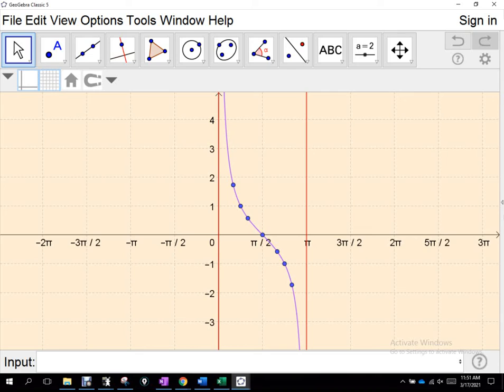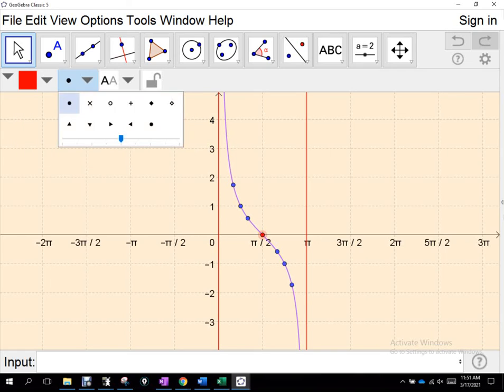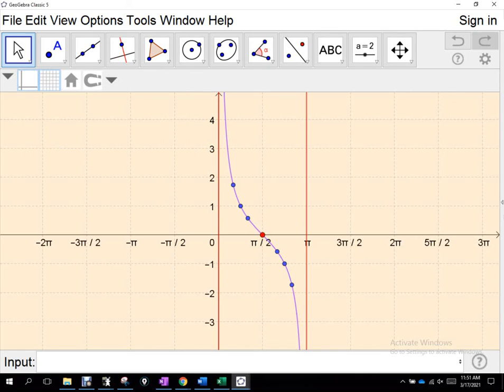Okay? Halfway in between the asymptotes, what happens? A real nice point there, right? X-intercept. Really easy to plot. So we'll plot that as a parent function point. Now, halfway in between this interval, where's your y value? At 1. Is that a real easy point to plot?